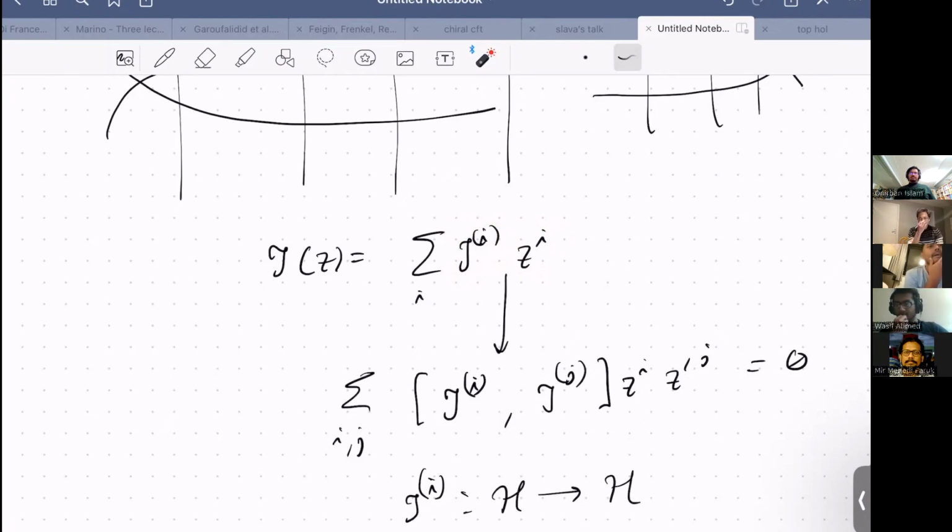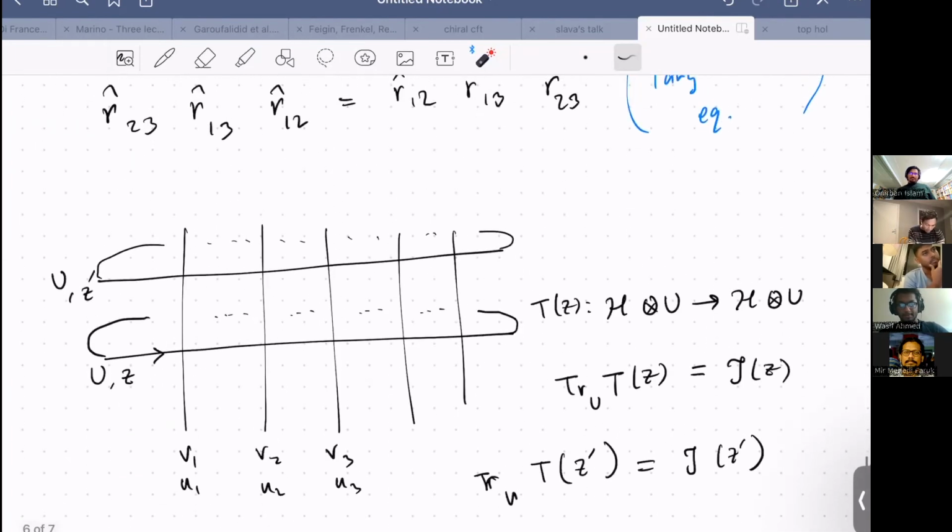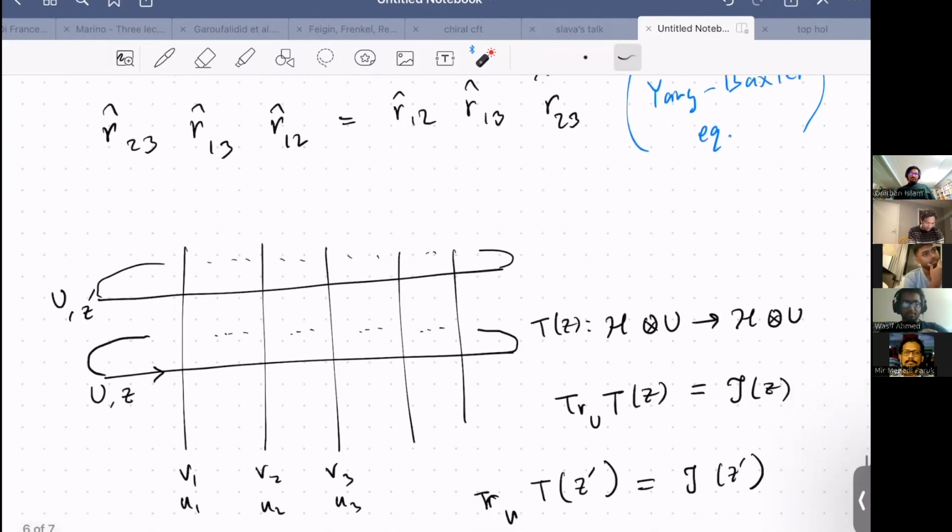Can I ask a question? Sure. Can you go a little bit up? This diagram, how I see it, the vertical lines are the points in the chain, right? Yes.